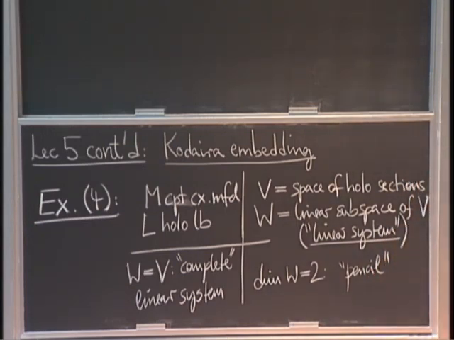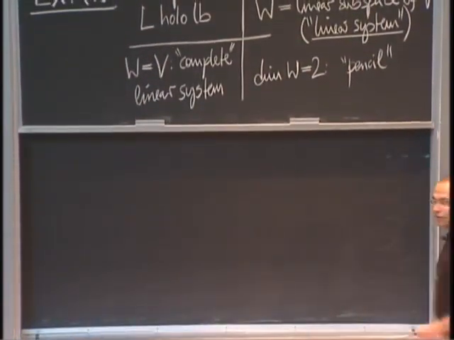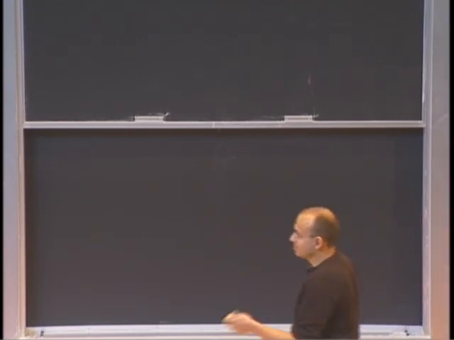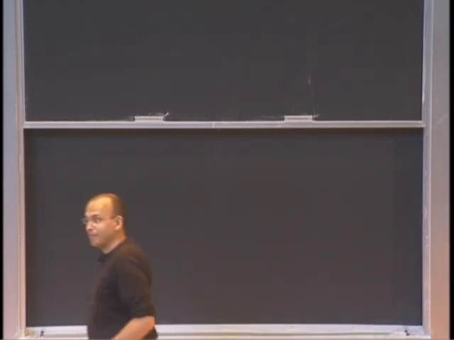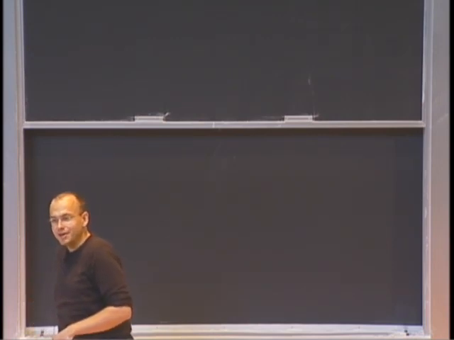The examples of linear systems that I gave last time were all of a very simple kind. I took a very ample line bundle and looked at the complete linear system, all the holomorphic sections. Since it's very ample, there are no base points, and the Kodaira map is a nice embedding.